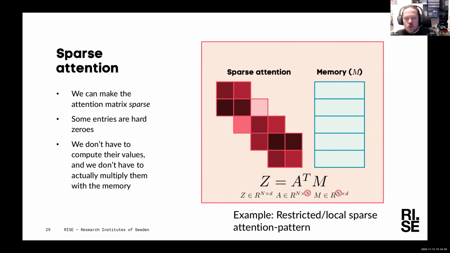So one way of trying to attack this problem is to actually constrain the self-attention. Instead of producing this full matrix, which we saw before, we can decide on a fixed neighborhood. So you see this block sparse, block diagonal matrix, where each memory position, when we read, for example memory position 2 here, will only consider the 2 neighboring memory positions. This means that if this memory is initialized with a sequence, in the first layer we will only be able to get information from the very close neighborhood.